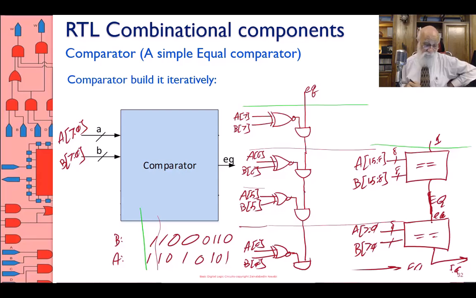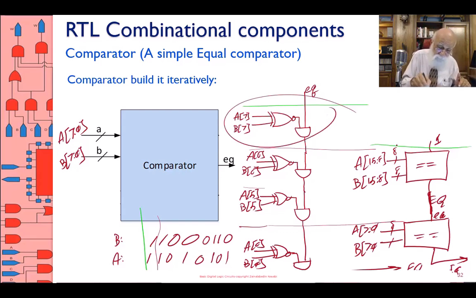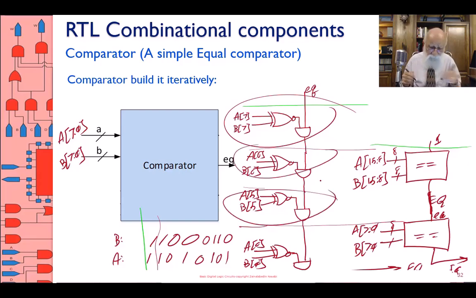So what I have is a cascadable iterative comparator. You just take 8 of these put together, 15 of these put together, 16 of these put together, whatever number you want, and then this works.